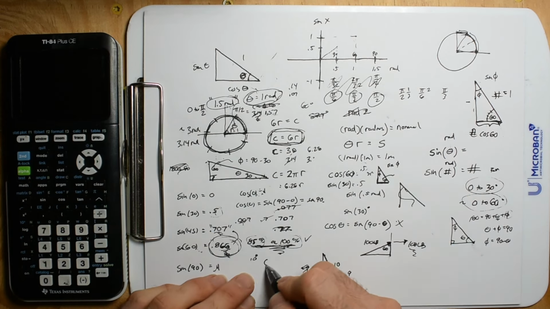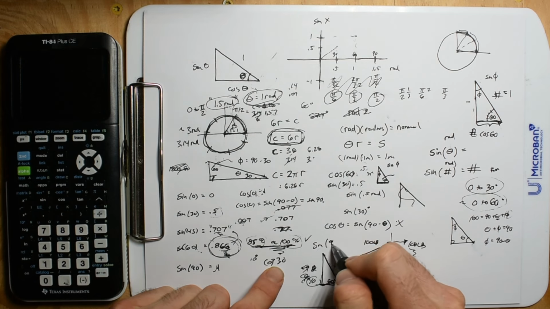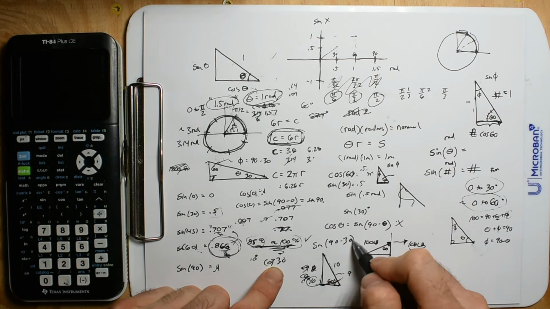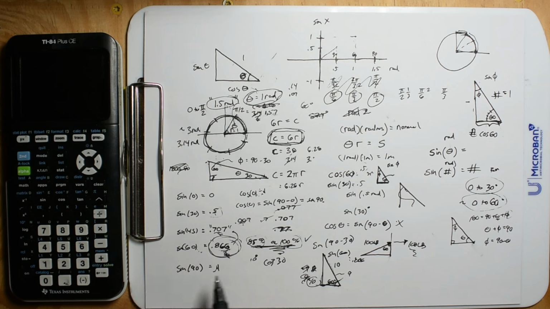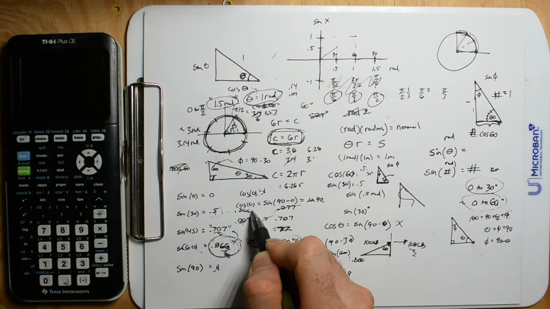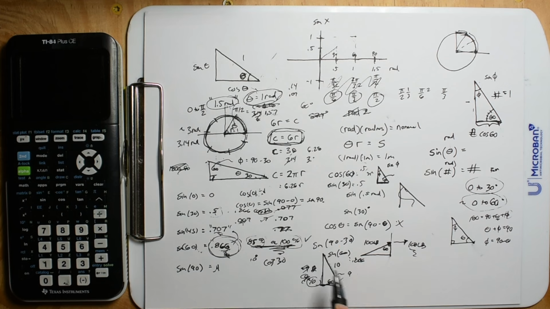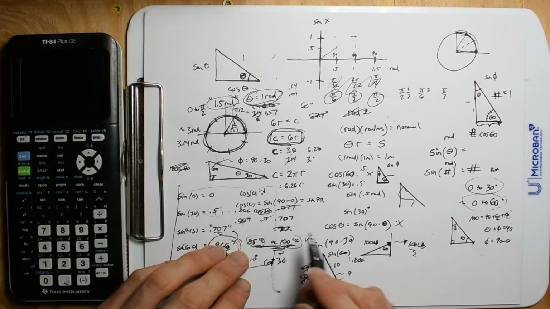Same thing for cosine 30, which is the same as sine of 90 minus 30. If you want to memorize that, I just don't do that. But sine of 60 is going to be 0.866, so cosine of 30 is going to be 0.866. Those two rows are really good to memorize.